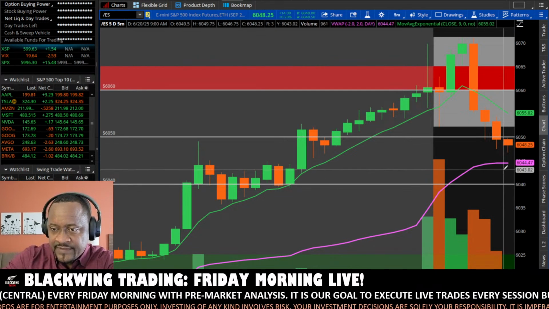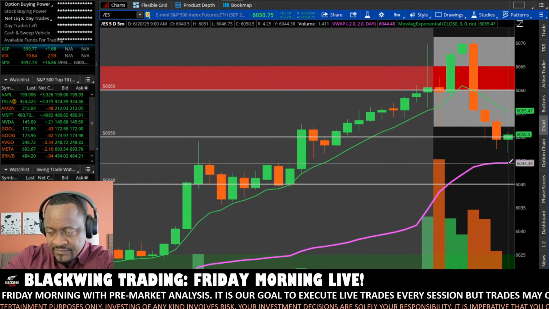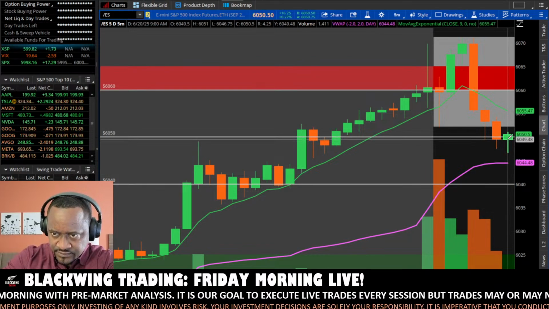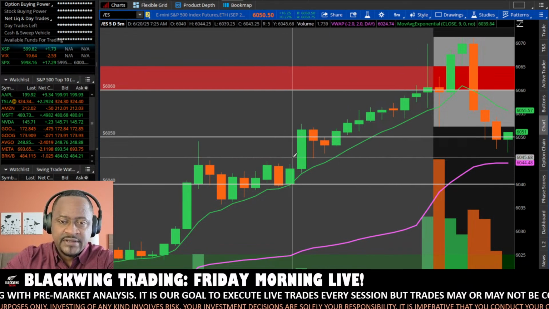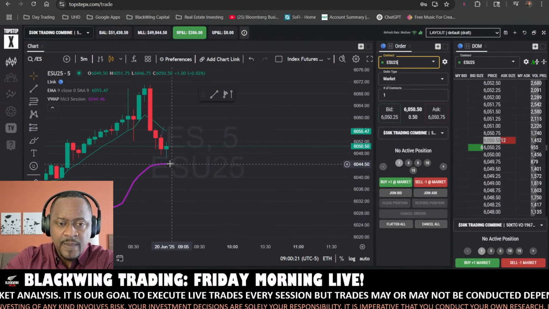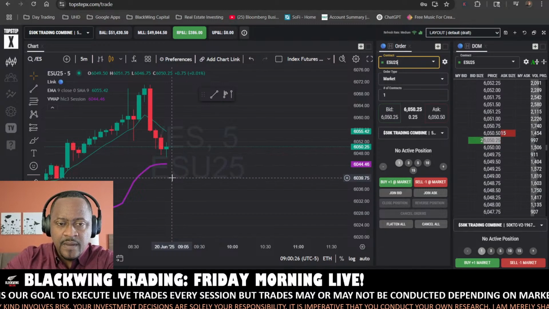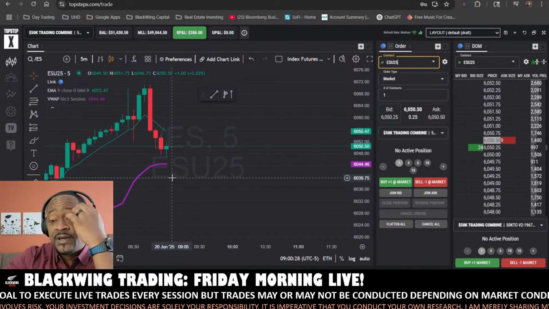I wouldn't be surprised if it bounced off VWAP. That's about 60.45, 60.44. Looks like it's about to bounce off 60.50 though. Let's be patient and see how far it goes now.